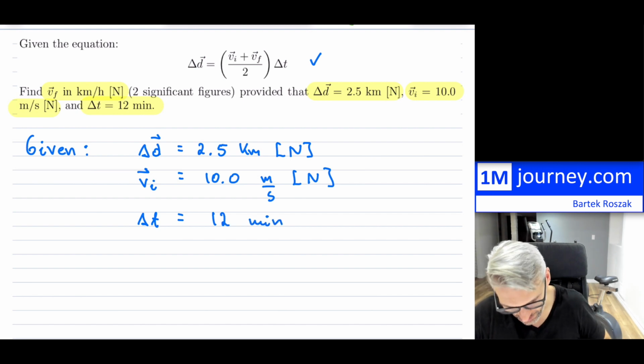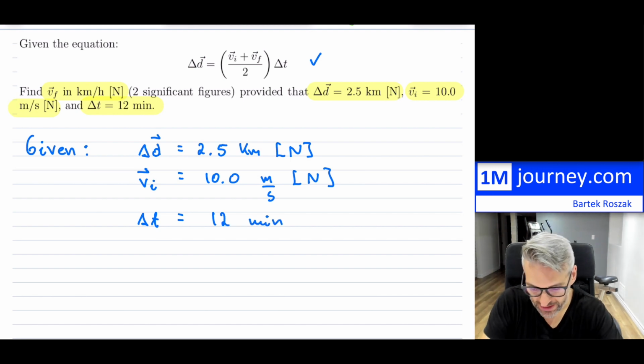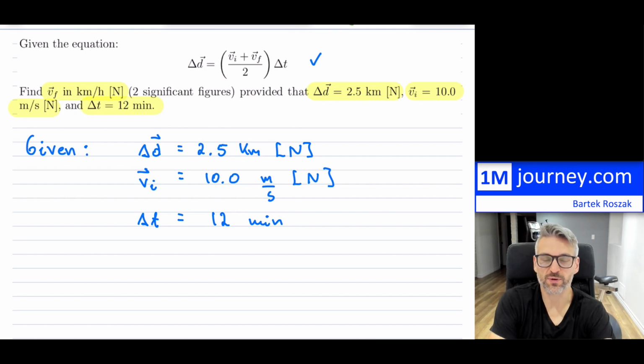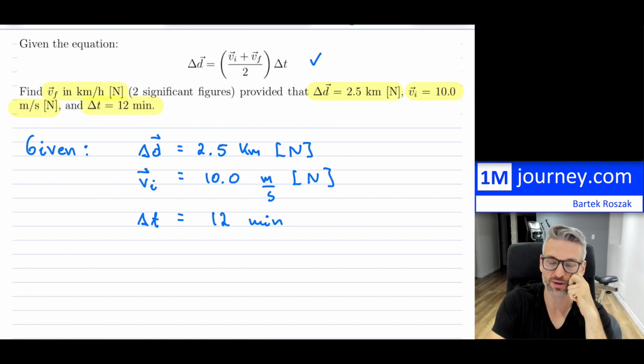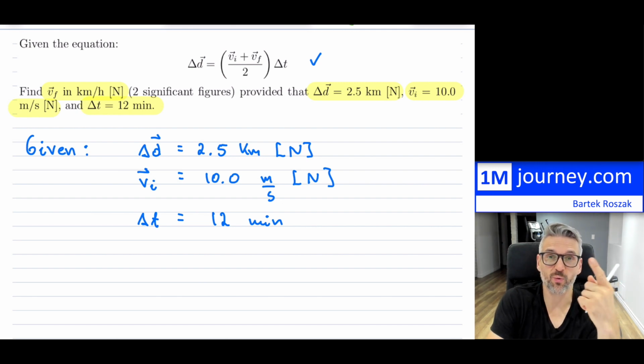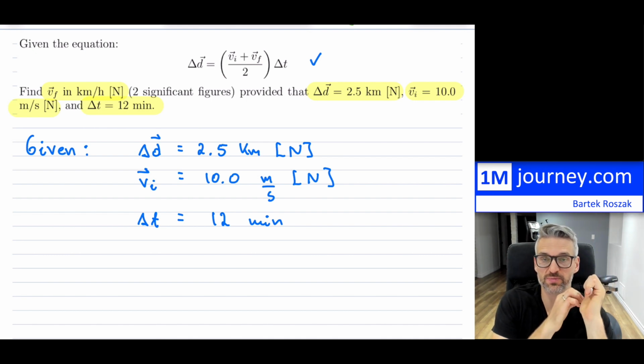You can tackle this in different ways because the units are not consistent, and we want the final answer to be in kilometers per hour. You can technically change everything into kilometers and into hours, so you can certainly do that. The other way, because I only have one of them in kilometers, I can actually just change the others back.